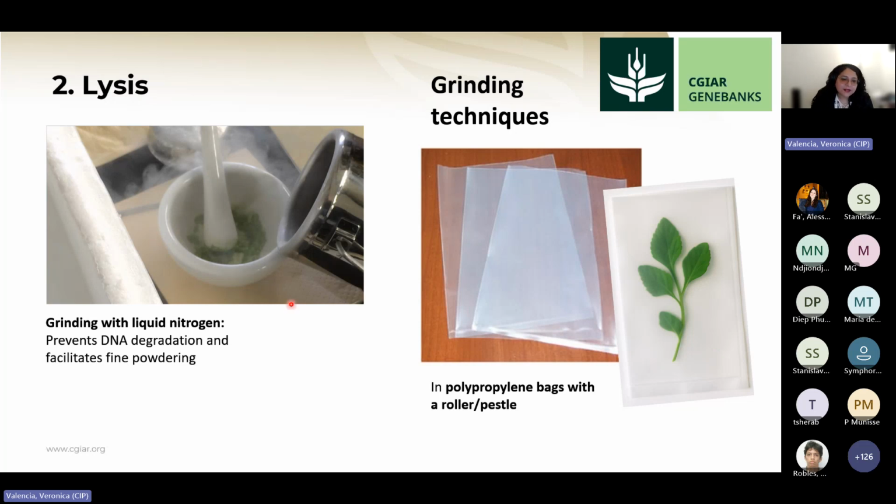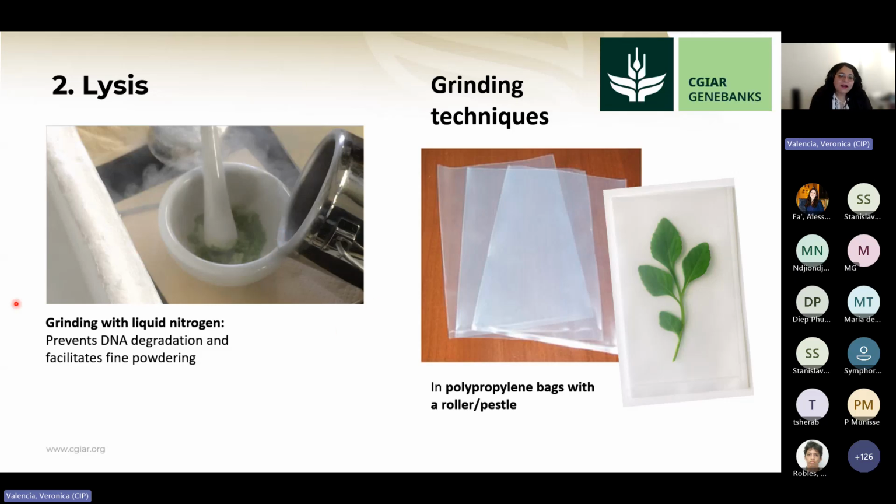It does have a disadvantage that not everybody has access to liquid nitrogen, and it has to be managed with care. The other thing is that you have to use a mortar, and so you have to have lots of these if you want to grind faster. If not, you have to clean it, and then clean it and clean it again, right?